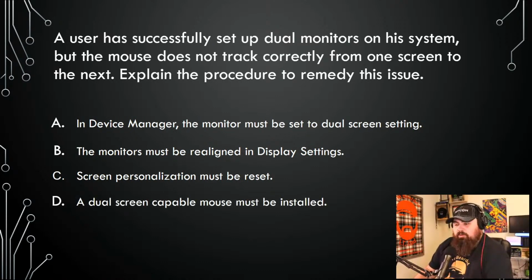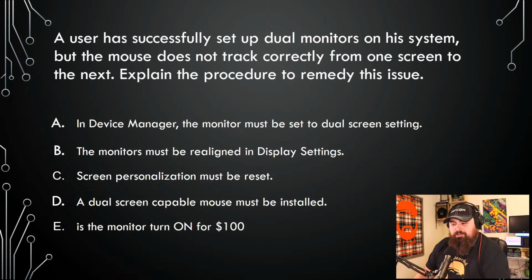D, the dual screen capable mouse must be installed? Or E, is the monitor on for $100? Which one is the correct answer to figure out why a user's mouse does not track correctly from one screen to the next? Let me know in the chat.